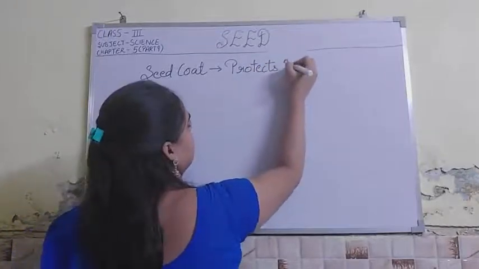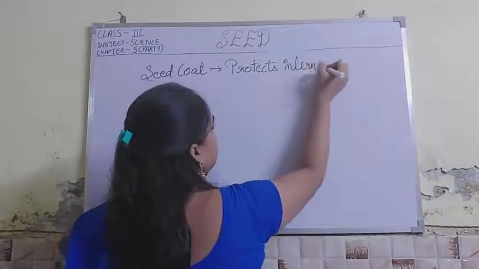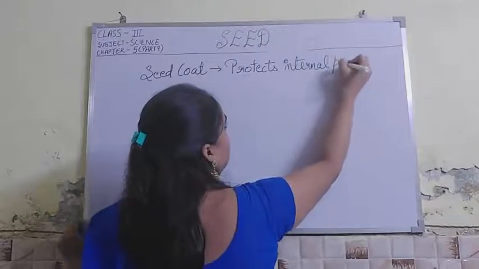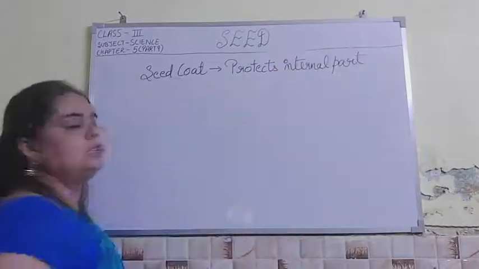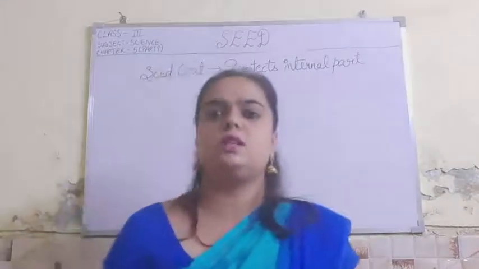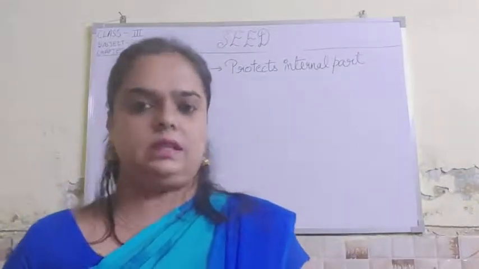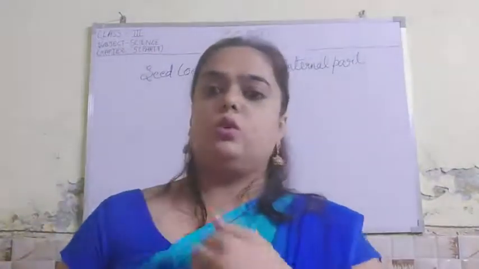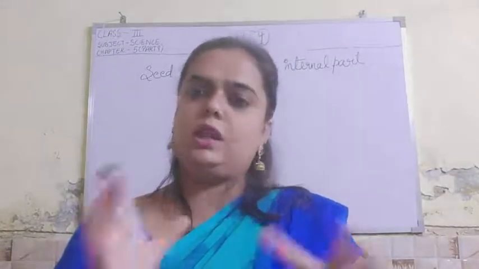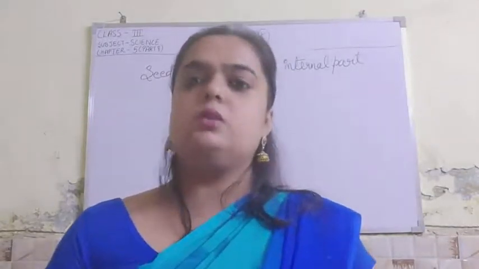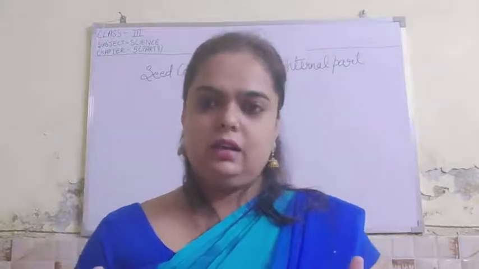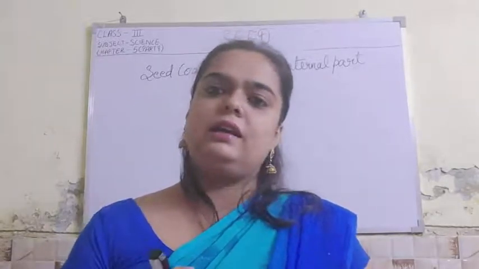The seed coat is used to protect the internal parts of the seed. A seed coat has two layers. The outer layer is thick and the inner layer is thin.